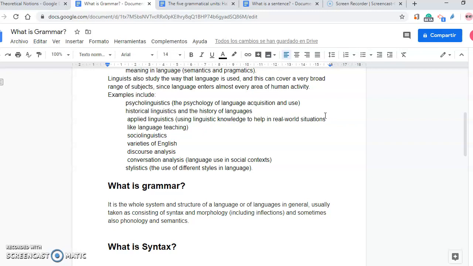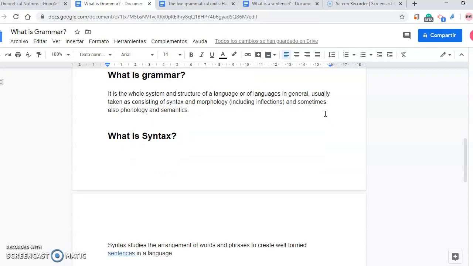So, it is the whole system and structure of a language, or of languages in general, usually taken as consisting of syntax and morphology, including inflections, and sometimes also phonology and semantics. As I said before, in this part of the subject, we are going to focus on syntax and morphology.